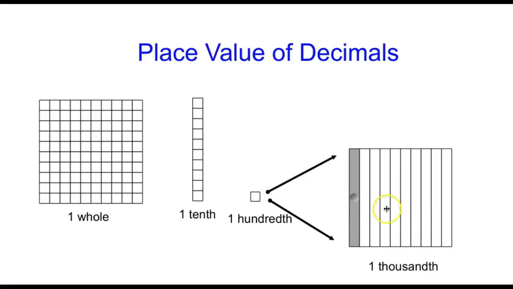And then we section that off into 10 different sections. One of these sections is 1/1,000th. So if you can imagine right here, there's a little tiny line that is 1/1,000th. So we have a 1 whole, 1/10, 1/100th, and 1/1,000th.